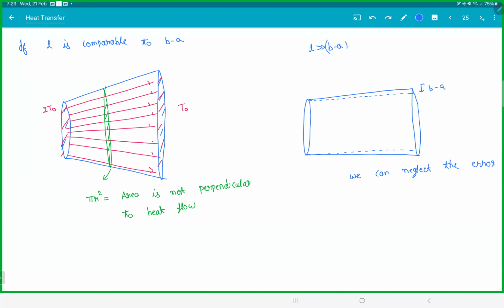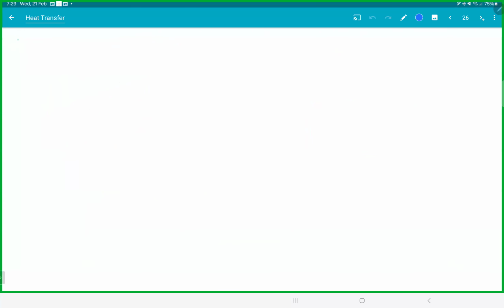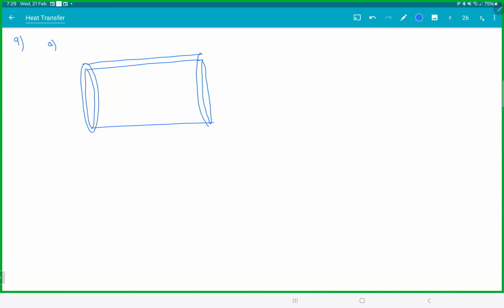Clear? Next one. We have a thin cylinder here.